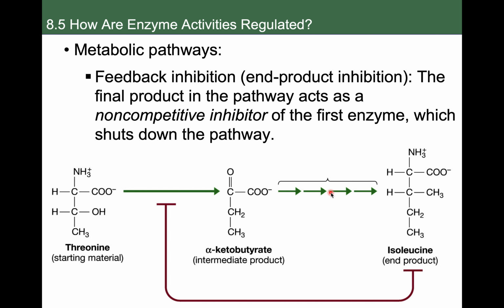There are also examples of positive feedback loops where the end product of a pathway could actually stimulate, enhance the activity of some of the enzymes in that pathway. But those positive feedback loops tend to be a little bit rare in biological systems, whereas this type we're looking at here, negative feedback, is very common.